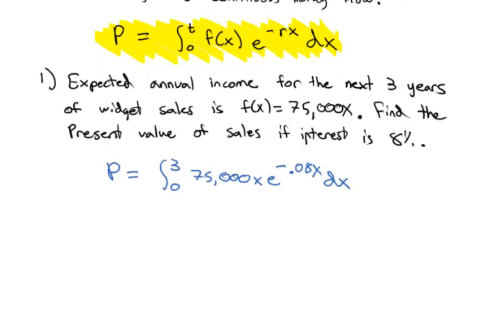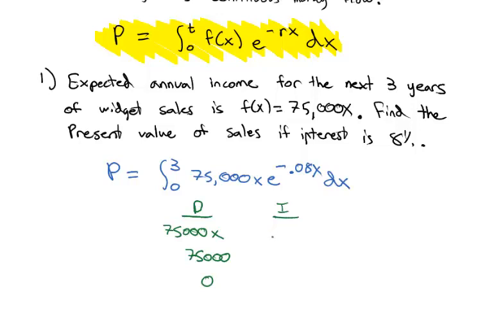How are we going to integrate this? We can't use substitution this time, so we're going to use integration by parts, where we take our derivative and an integral, because 75,000x is going to quickly go to 0. The derivative of 75,000x is 75,000. The derivative of 75,000 is 0.